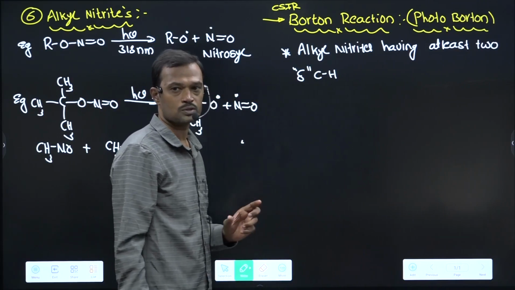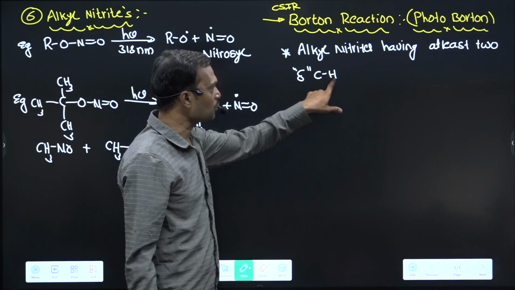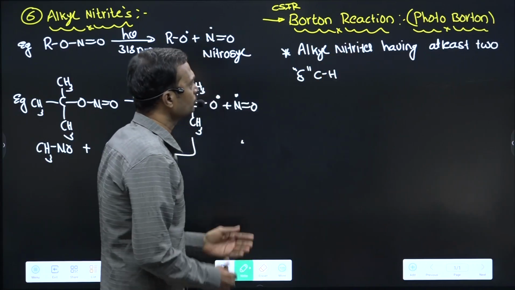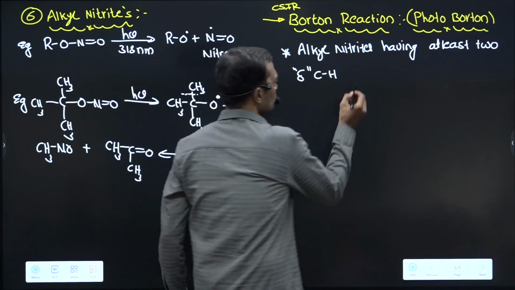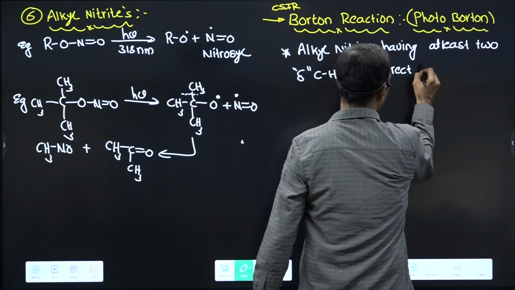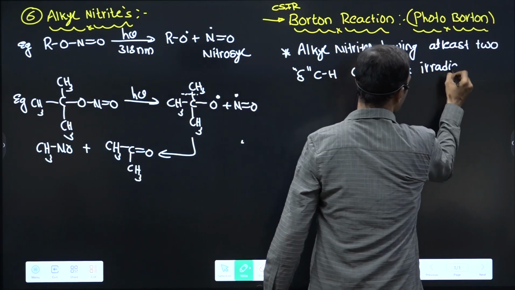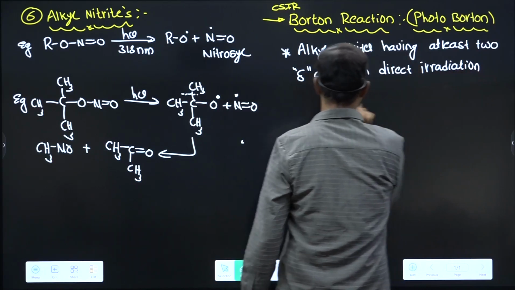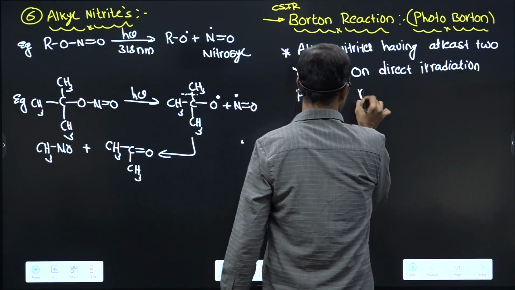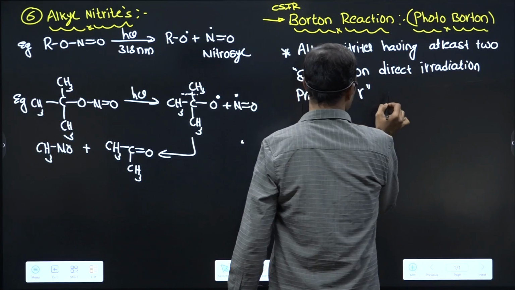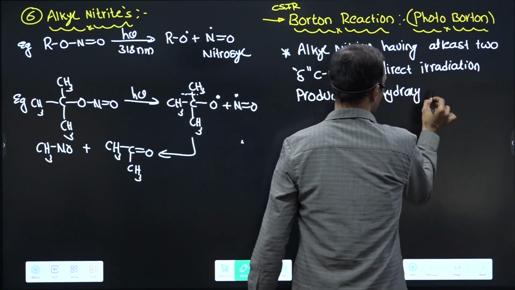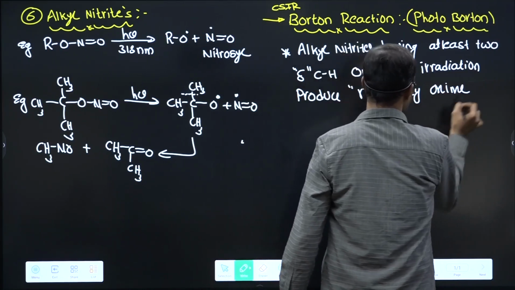Don't think 2 carbons. Carbon is 1 but hydrogens are 2. That is called at least 2 carbon hydrogens. On direct irradiation, produce gamma hydroxy oxime.